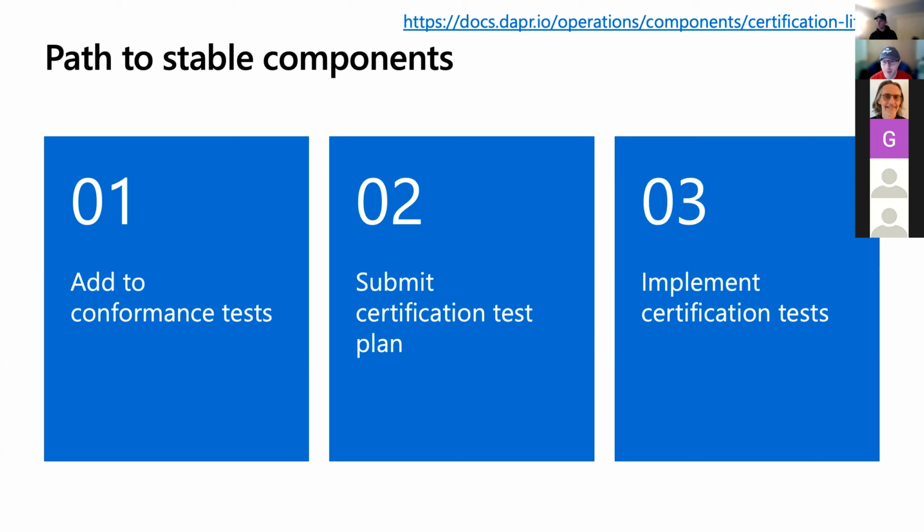And what are the paths that can lead to that? This is a very summarized version of it, and I'm going to go into more details after this. But first, make sure that the component can pass the conformance tests. Conformance tests make sure the component behaves with the basic APIs of Dapr, the basic behavior of the APIs.